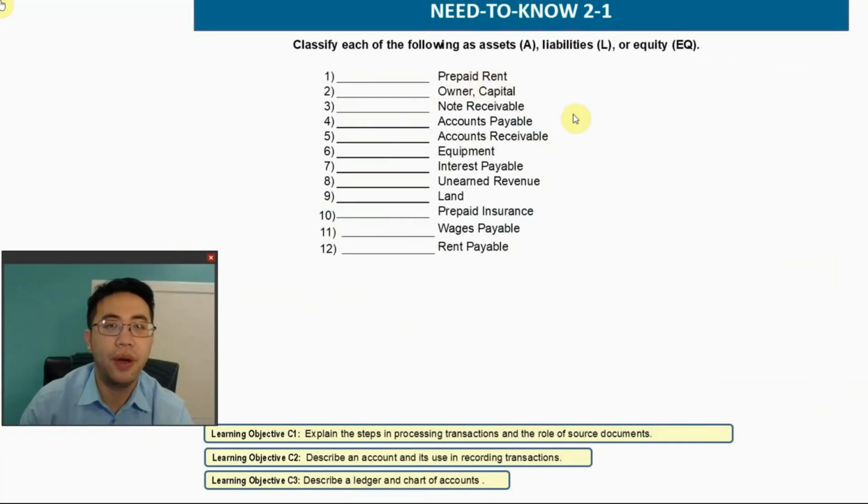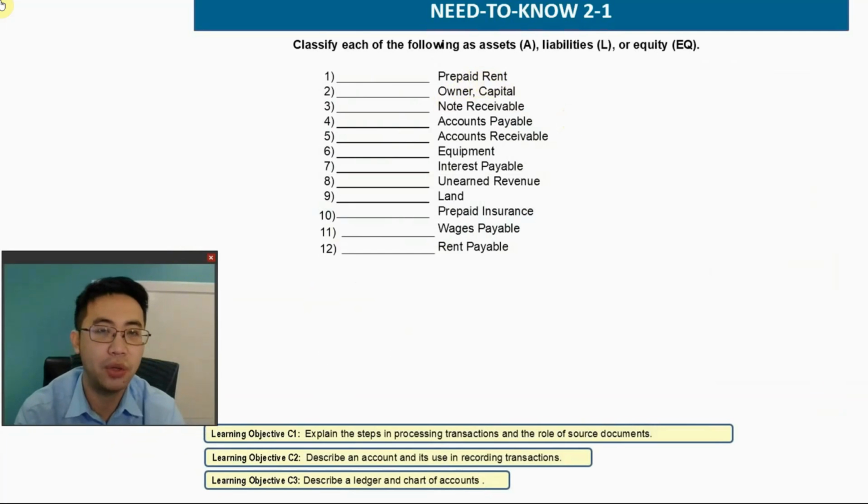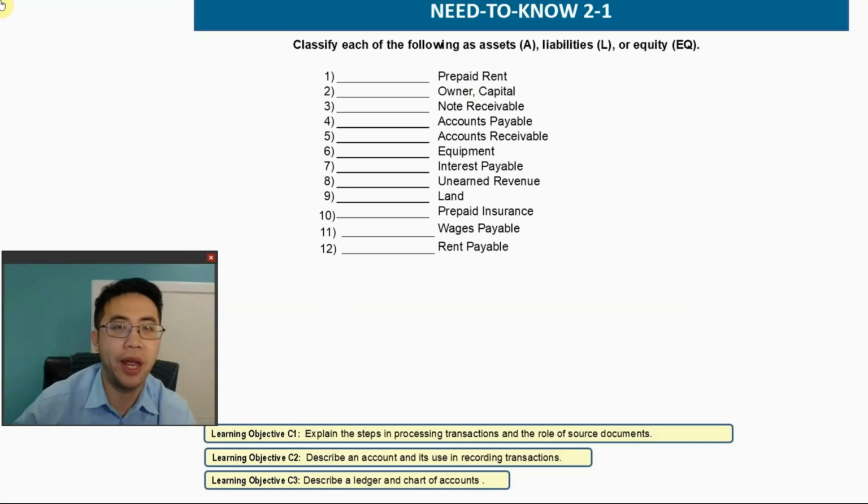Let's say you pay $100 rent each month, but you don't pay it on a monthly basis. Instead, you pay 12 months of rent all at once in January. So you don't have to worry about paying rent in February and March all the way to December. If you have paid that full year of rent, it is called prepaid rent.